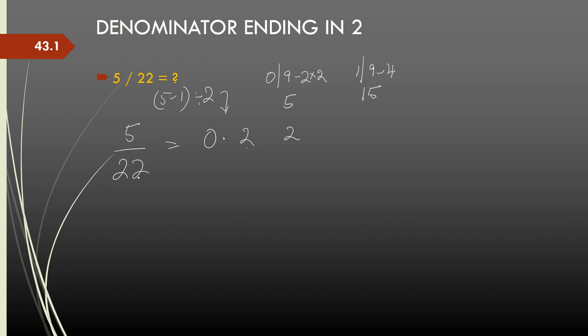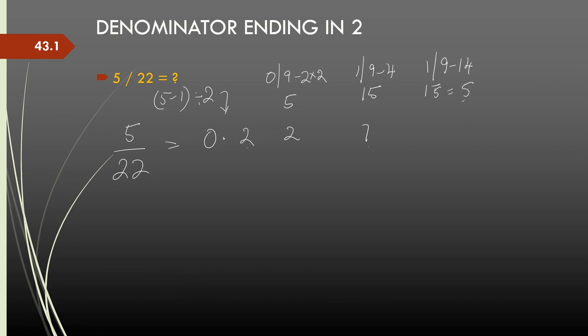Now, 15 divided by 2 gives me 7 times and 1 remainder, 9 minus 2 times 7, 2 times 7 is 14, 9 minus 14. So, that is 1 bar 5, which is equal to 5. I convert this vinculum to normal, which is 5.